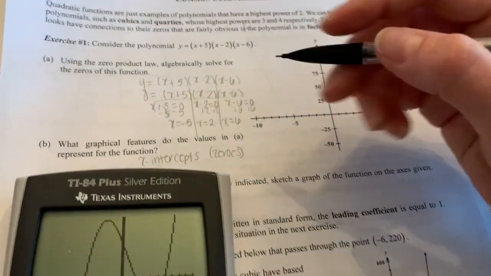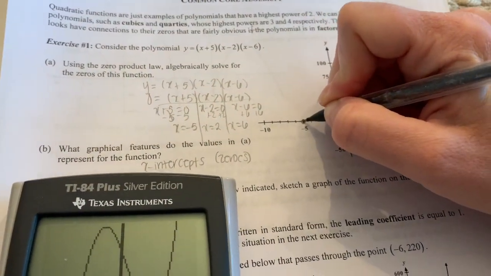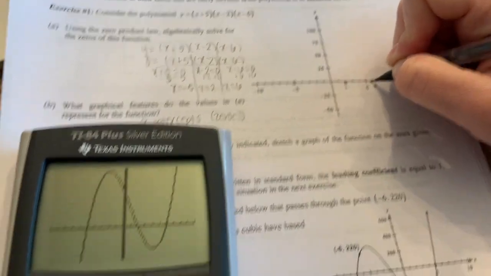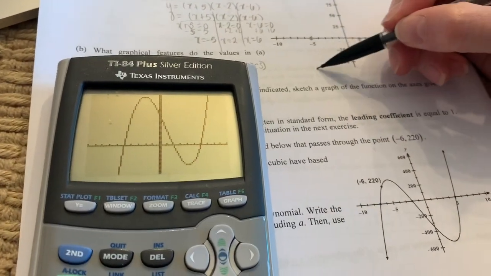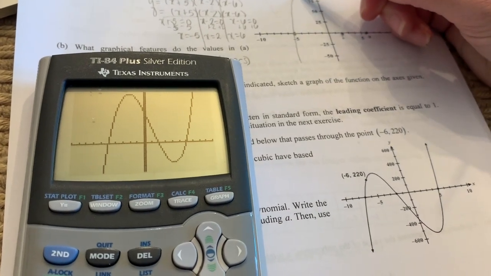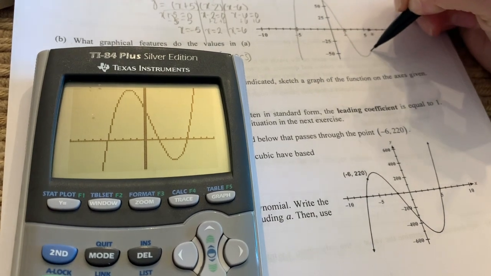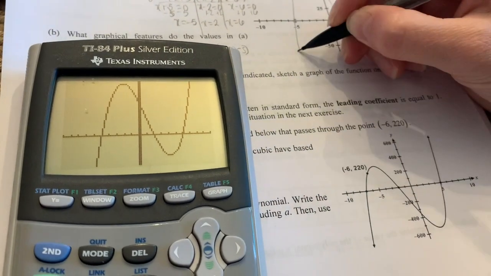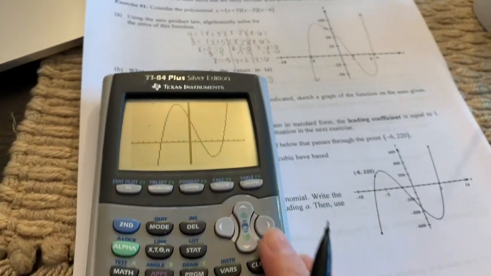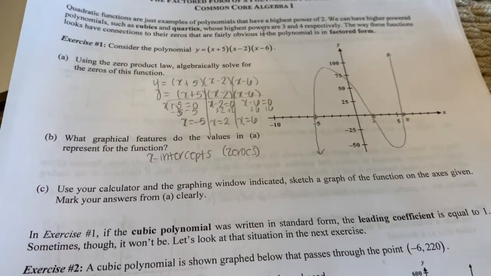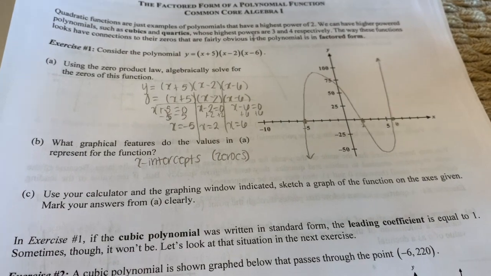So that's where our zeros are, and the graph goes up through the negative 5, then it comes back down through the 2, and back up again through the 6. And that's our sketch. Okay? So, if you recall, we did see a function like this before, and it ended up being a cubic function, right?